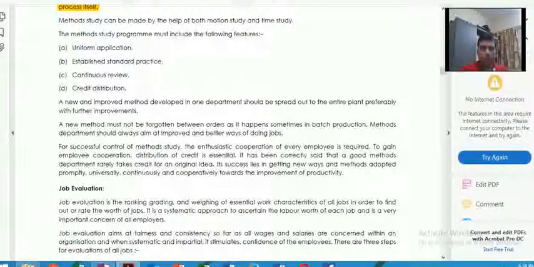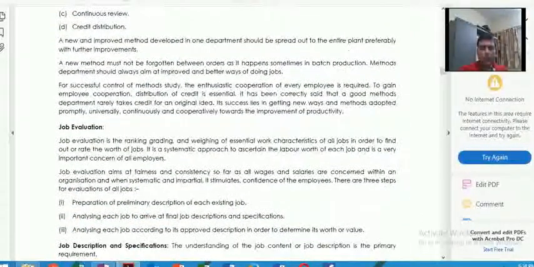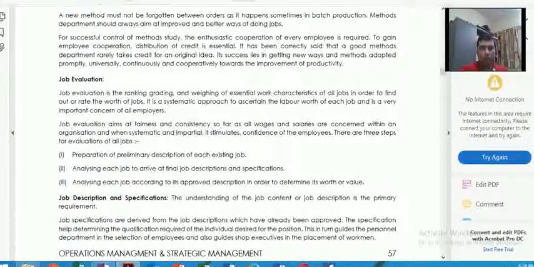Now the next part which we are moving towards is called job evaluation. What do you mean by evaluation?